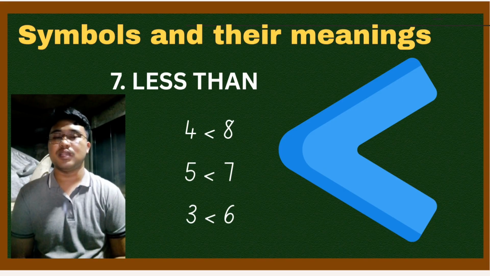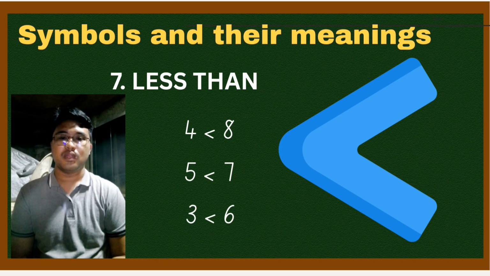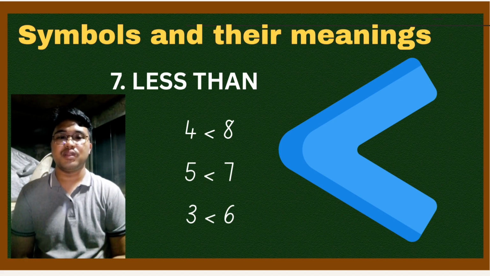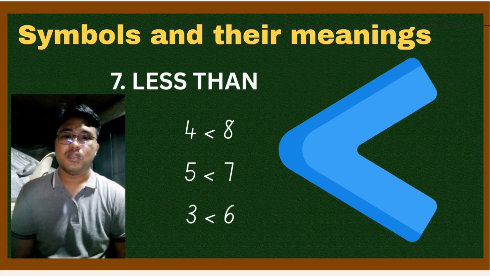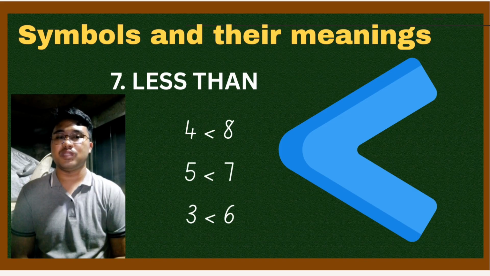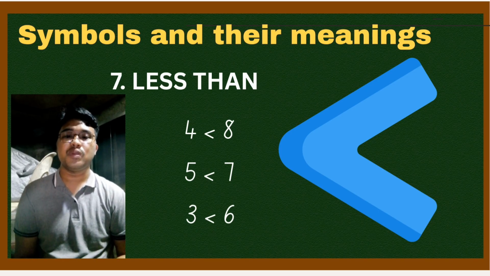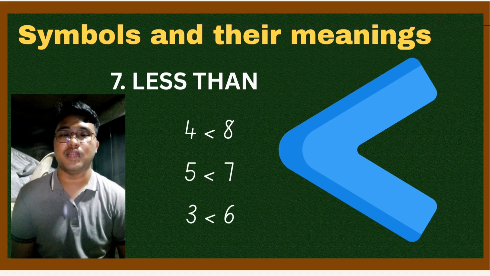And the last one is 3 and 6. The 3 is less than 6 because it is smaller than the number 6. The open side of the symbol always faces the bigger number, while the pointed side faces the smaller number. The less than sign can also be called is smaller than, fewer than, and lower than.